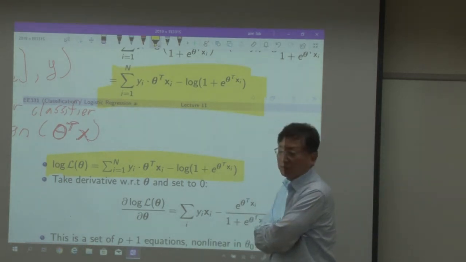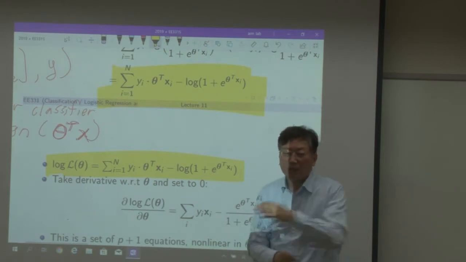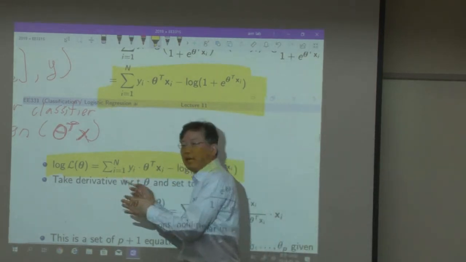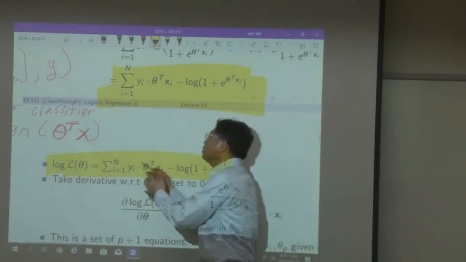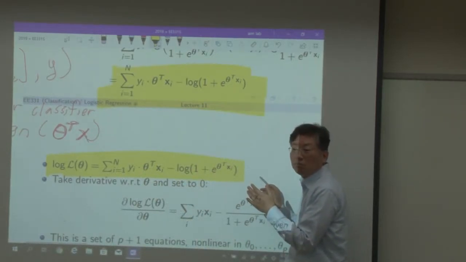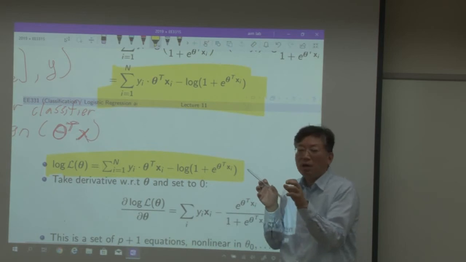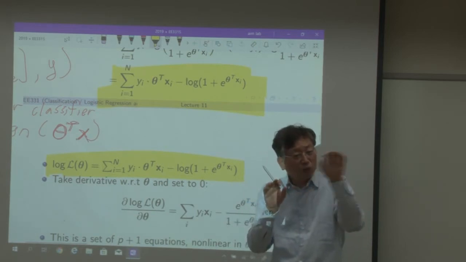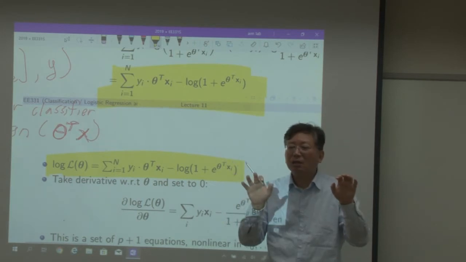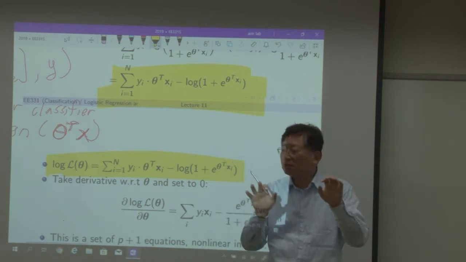Why is it difficult? We want to take the derivative, and we want the left-hand side to not be a function of theta. So you take the derivative and set it equal to 0. Then you want the theta term on the left-hand side, and on the right-hand side, just the x's.